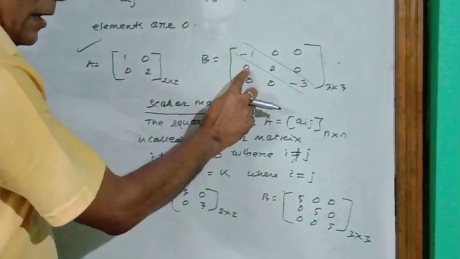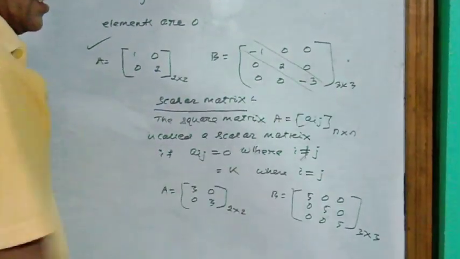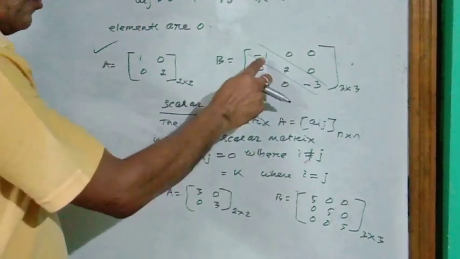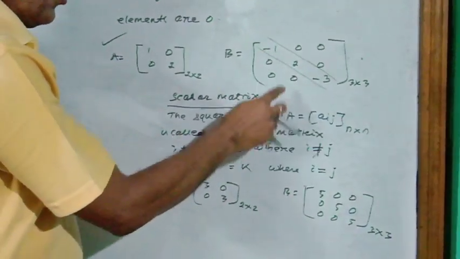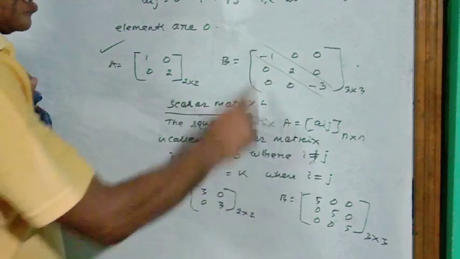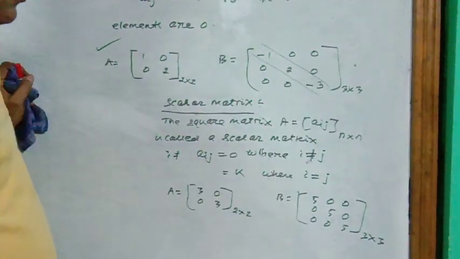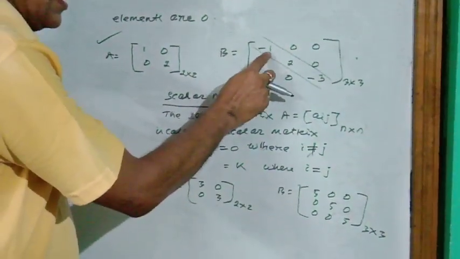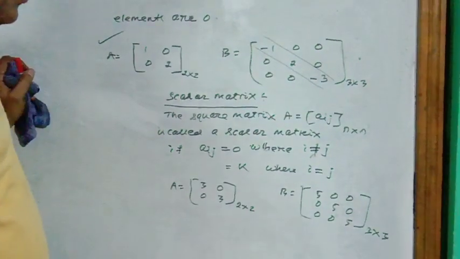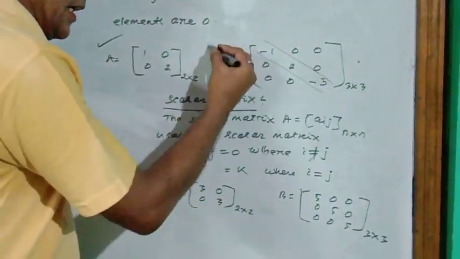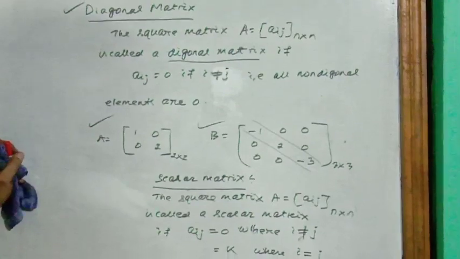All the non-diagonal elements are 0, and the diagonal elements may be non-zero, but all the elements of the main diagonal cannot be 0. At least one should be non-zero. So the principal diagonal elements are non-zero and other elements are 0. So it is called a diagonal matrix.